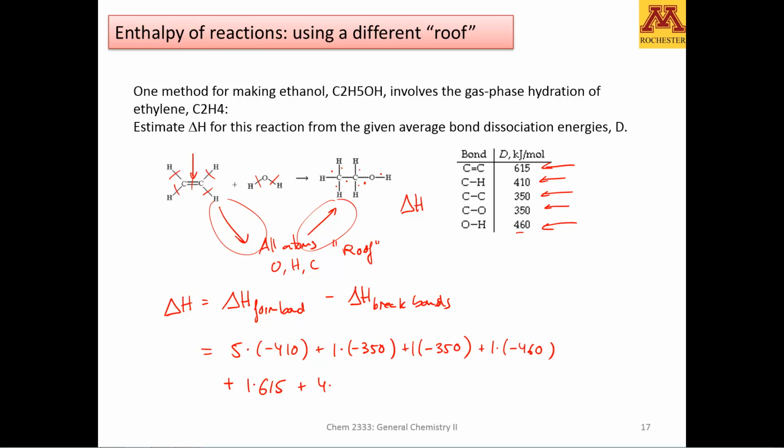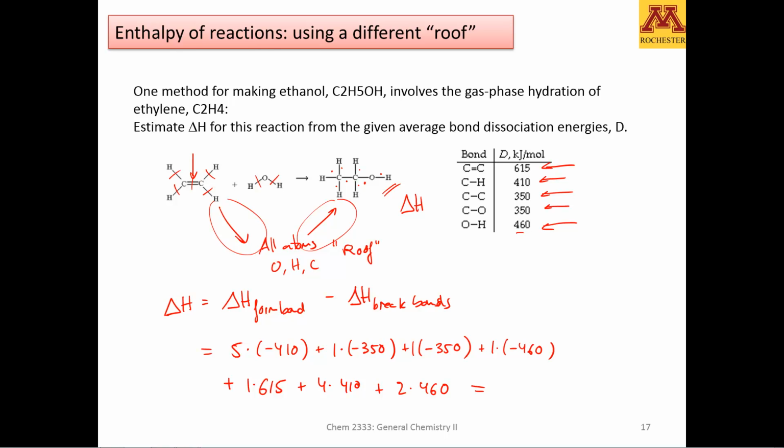It's 4 times carbon-hydrogen, that is 410. Okay, I'm done with this molecule. Now I need to break 2 oxygen-hydrogens, and that's 2 times 460. And this will give a number, whatever that is, hopefully negative, because I would say the ethanol is more stable, so I'm going to bet that it's probably negative.